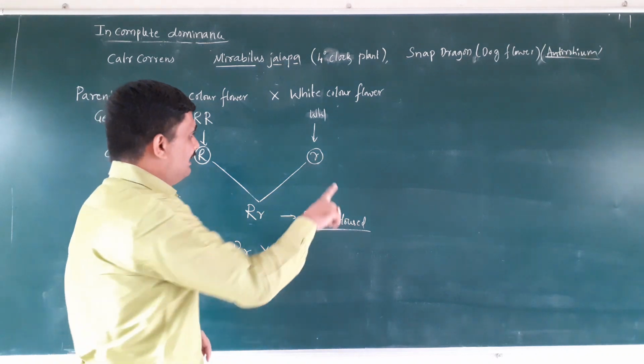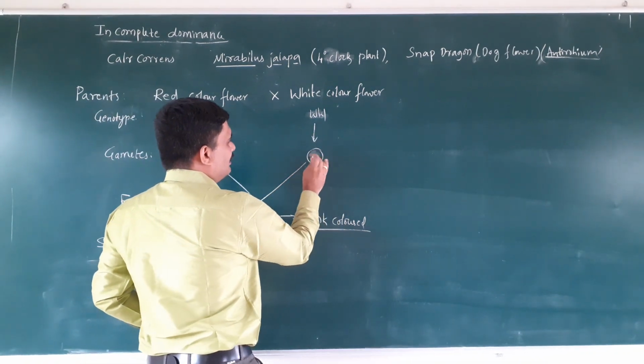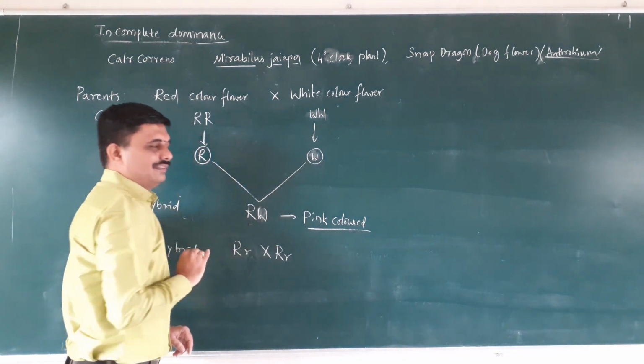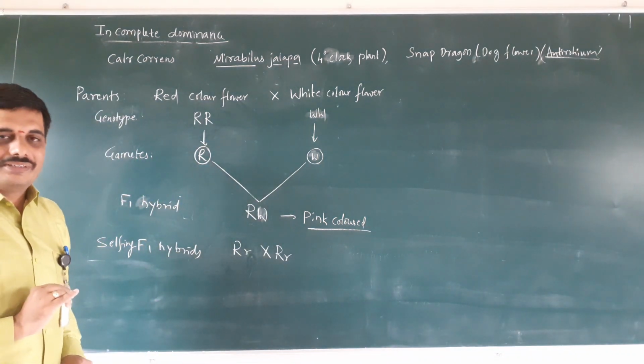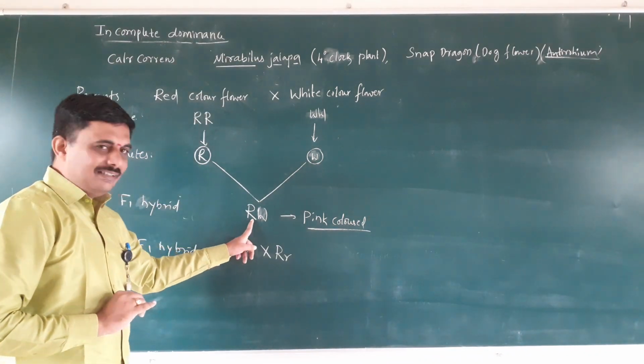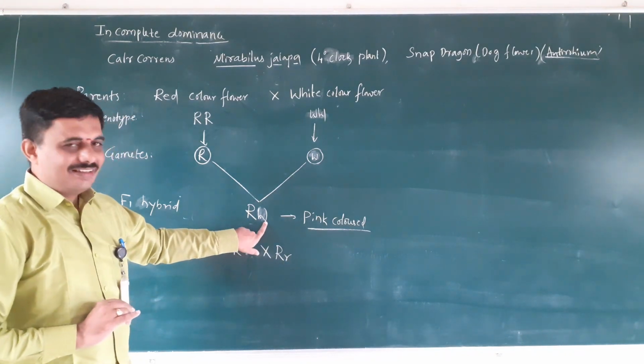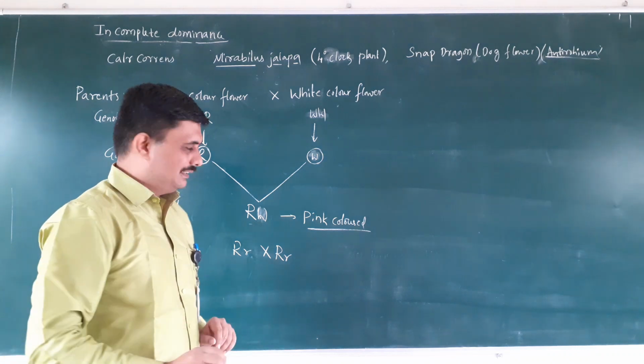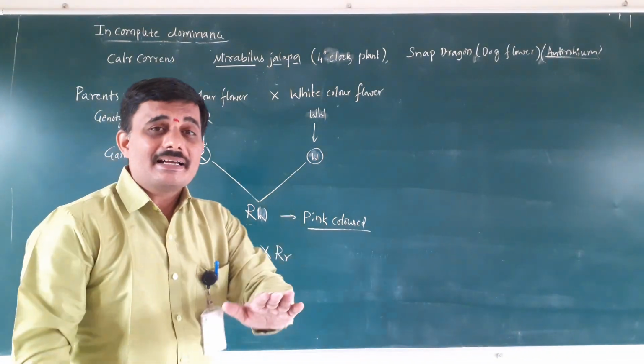They take the WW for this, right? You understand the point? So that neither the red color nor the white color is expressing. So it is called incomplete dominance.